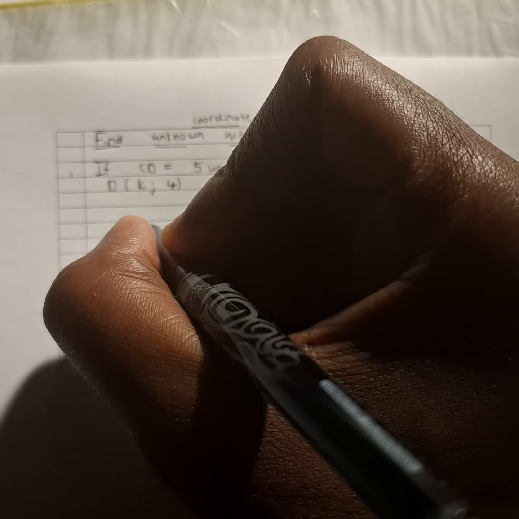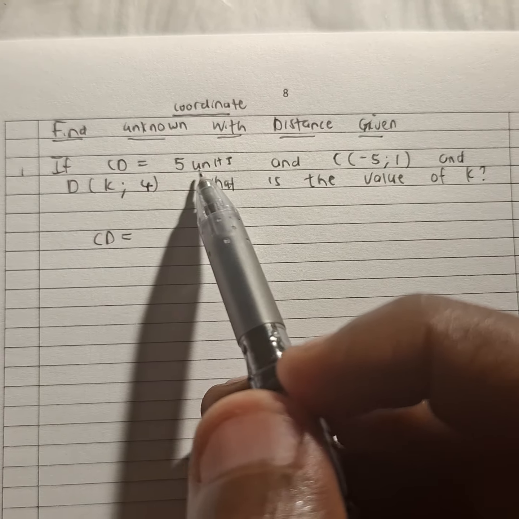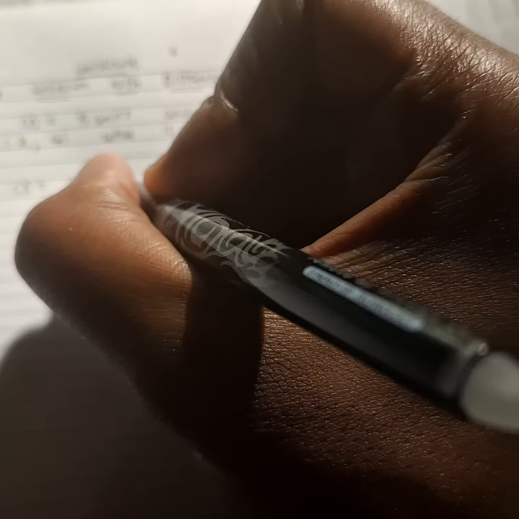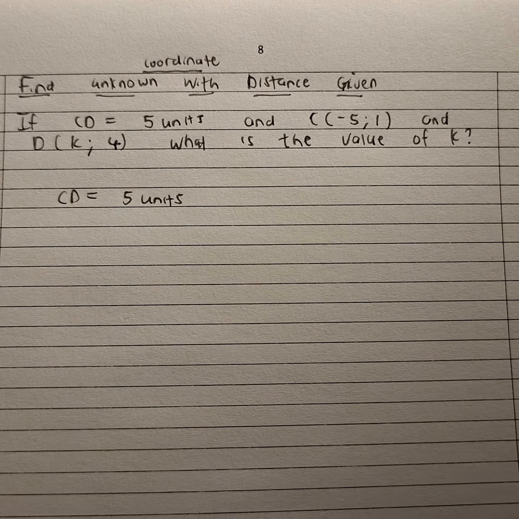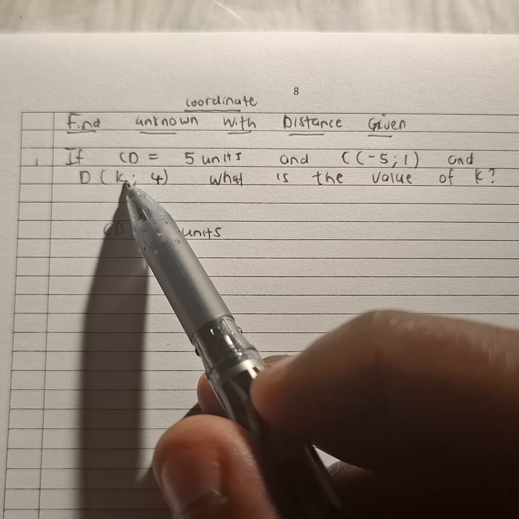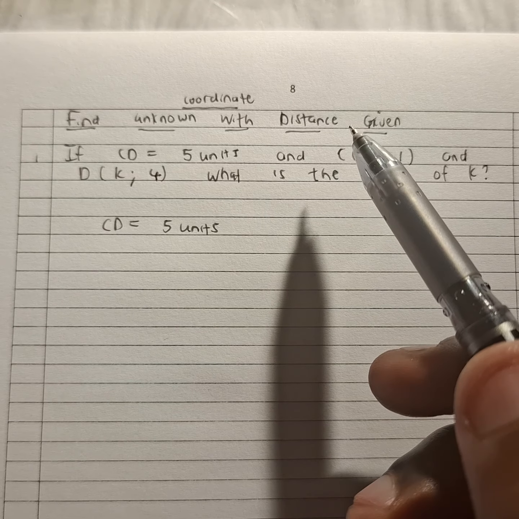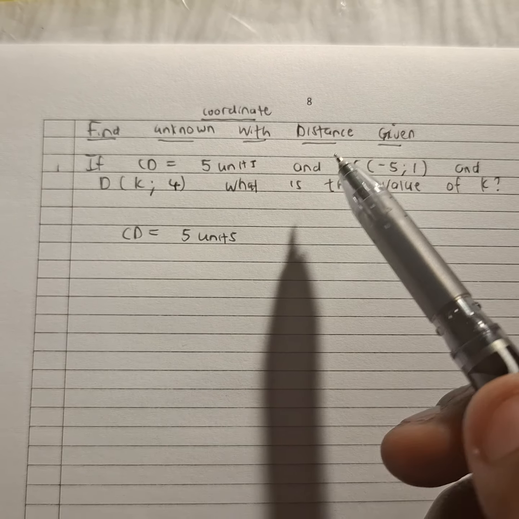So CD is a distance, and we are given that it is 5 units. Here we're not required to calculate the distance, but rather we want to find the x-coordinate of D. There's C and there's D, which are the endpoints.